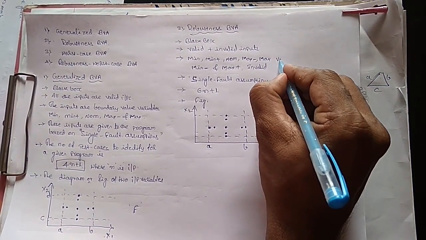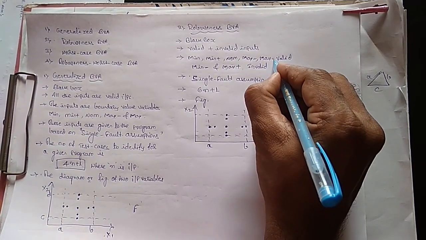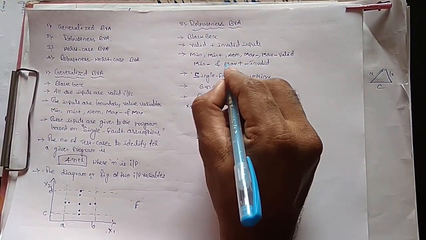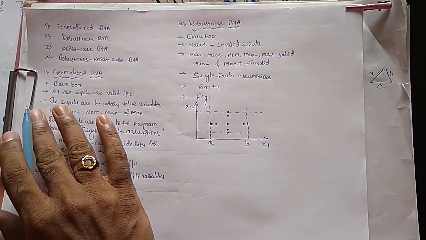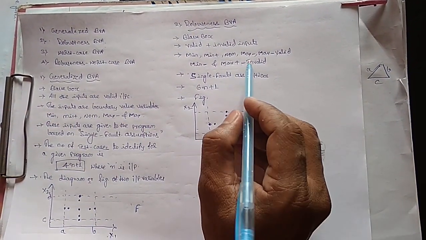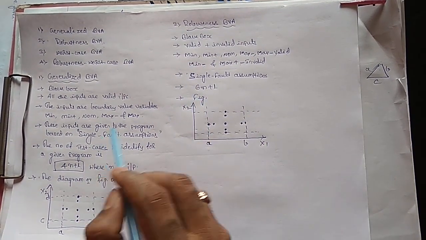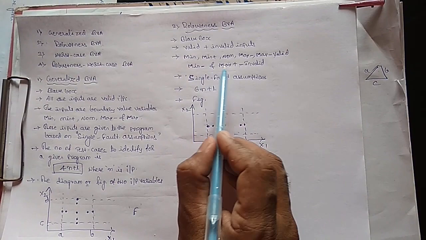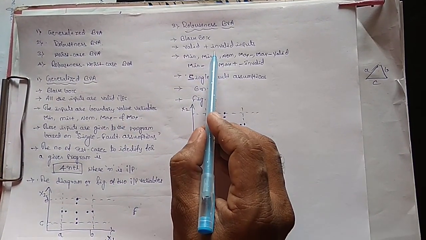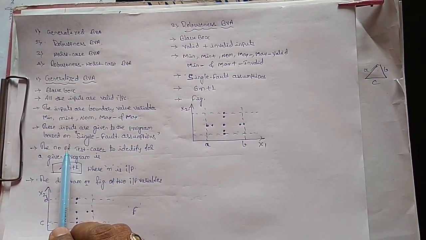Please remember, these 2 will become invalid inputs. These 5 variables will become valid input variables for a program. So when I compare generalized and robustness, these 2 extra variables are included in robustness, but not in the generalized method.